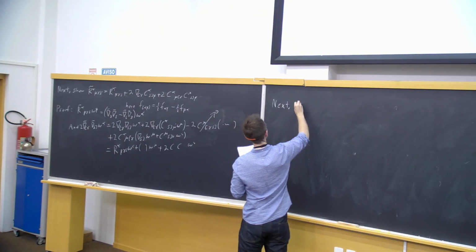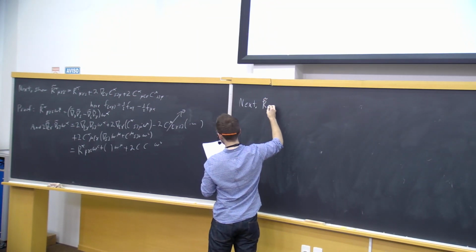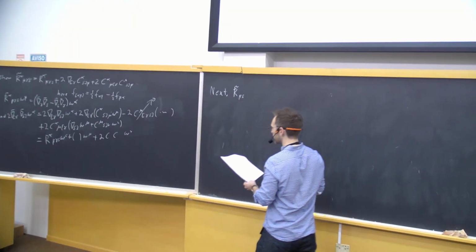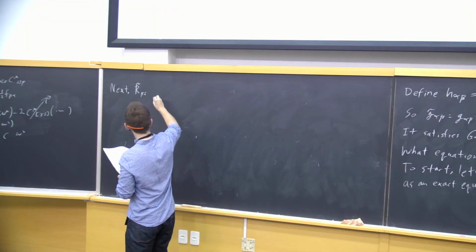So next, the Ricci tensor is just the contraction of two of those indices on the Riemann tensor.